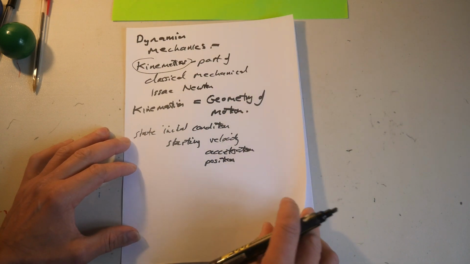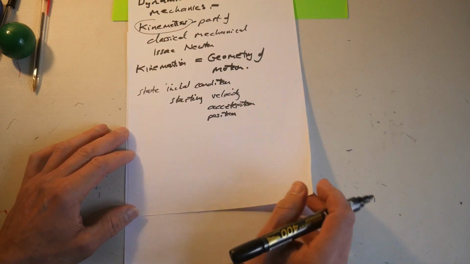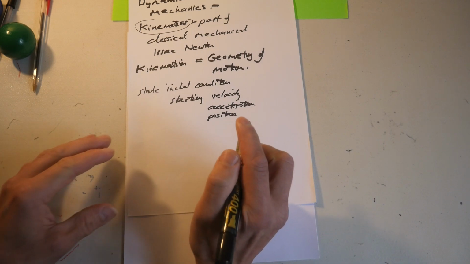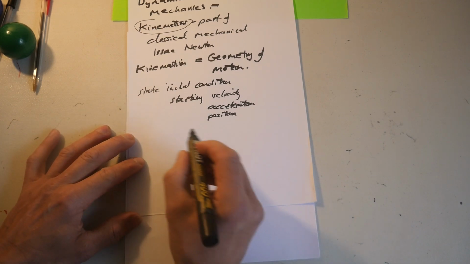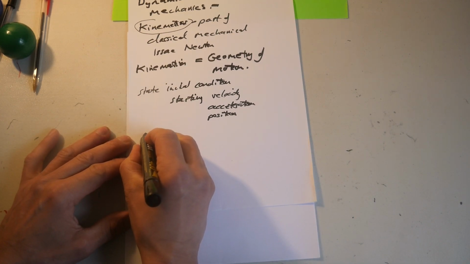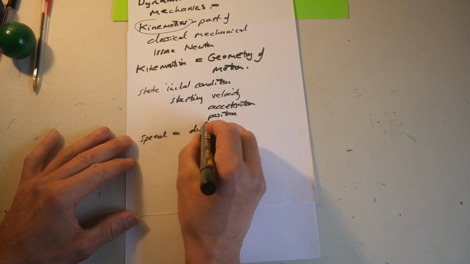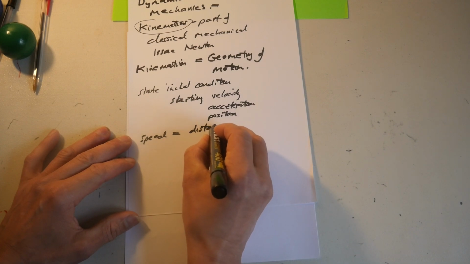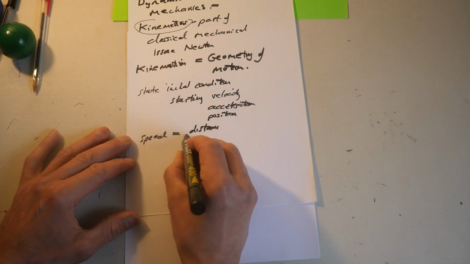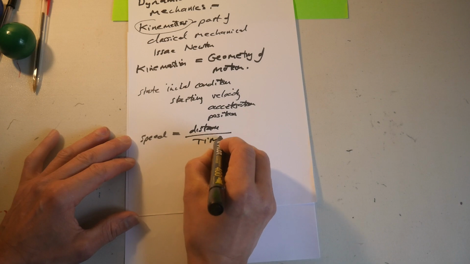So when dealing with the average speed, okay, speed equals distance divided by time. Okay.